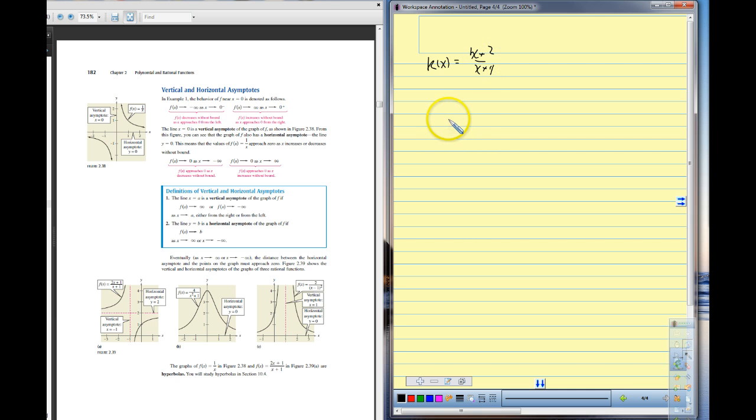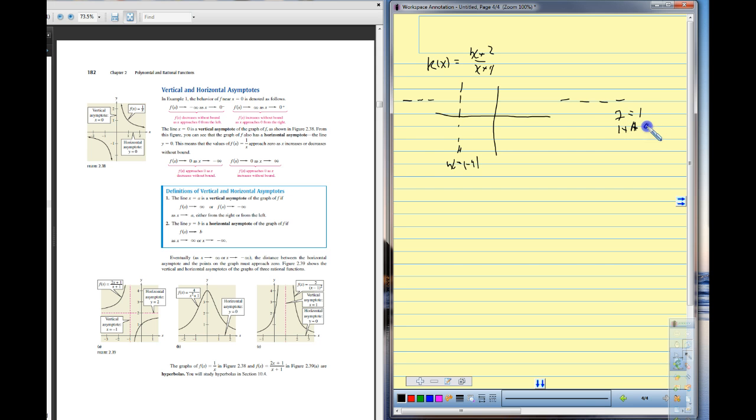We've already established that we have our graph and we have a VA at negative 4, and then we have a HA at 1. So way out here, we have an HA. We really don't know what's going on in the middle, so I always like to keep my HAs out of the middle. So then we have an HA here of y is equal to 1.